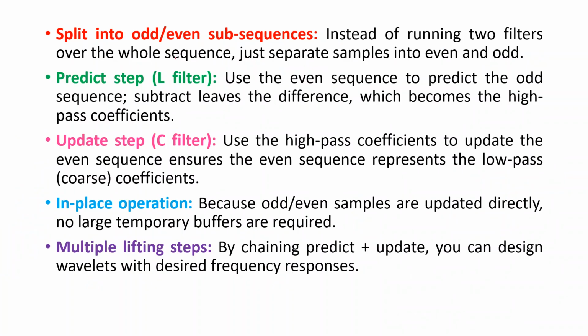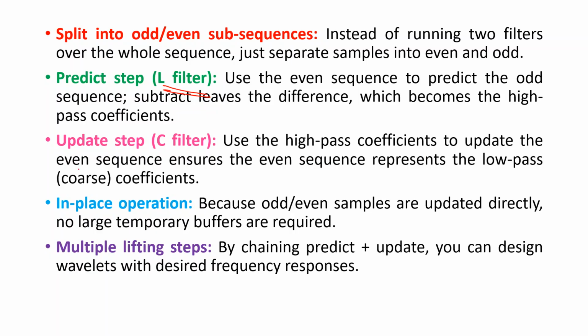The previous diagram is represented here. We first divided the inputs into odd and even samples, and in the L filter we have used the even samples to predict the odd sequence. To understand the differences between predicted and original, we subtract the predicted value from the original value, and the update step is the C filter.